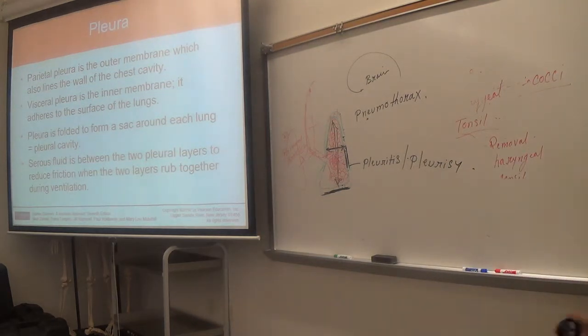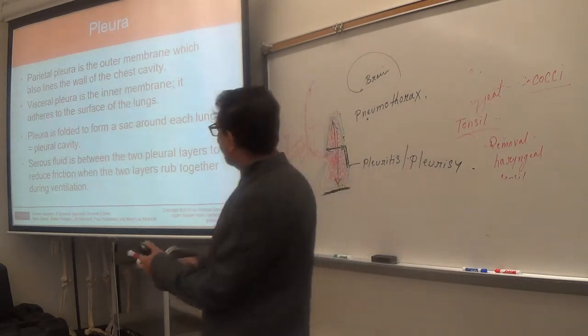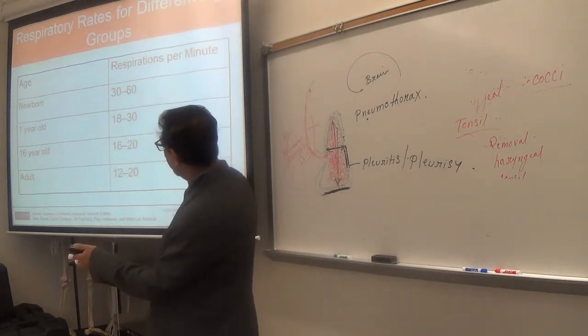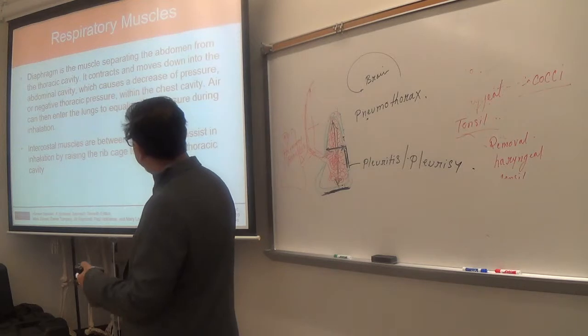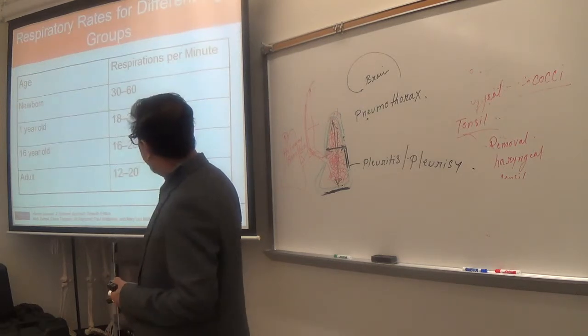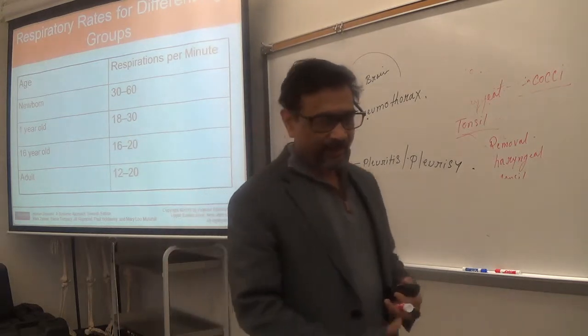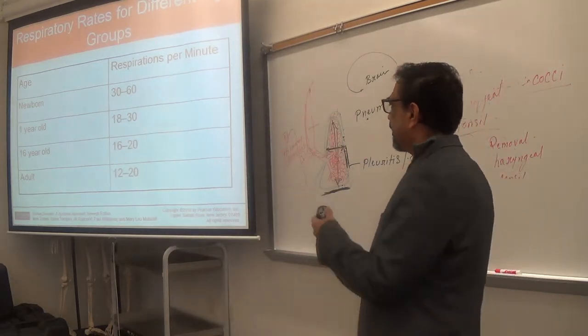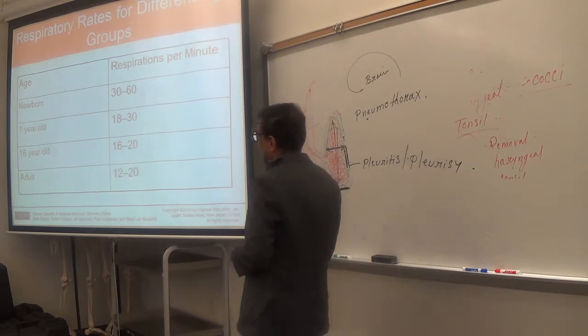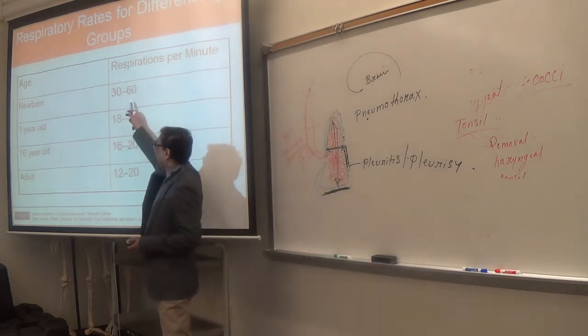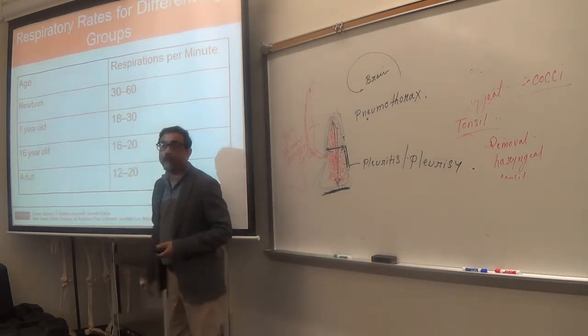So those are some clinical conditions in the lung. Okay. So we have talked about the diaphragm and intercostal muscles, right? Respiratory muscles. The normal respiratory rate in infants, newborns, is very high. The respiratory rate is 30 to 60 per minute.